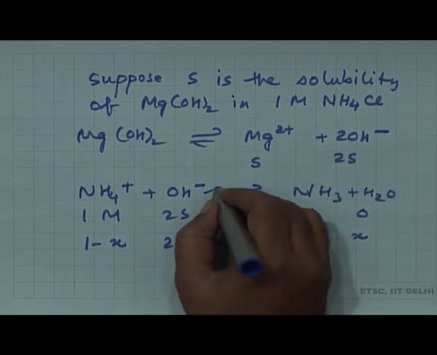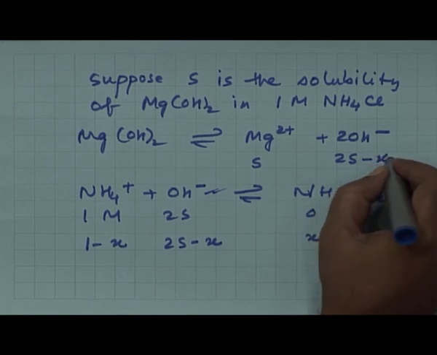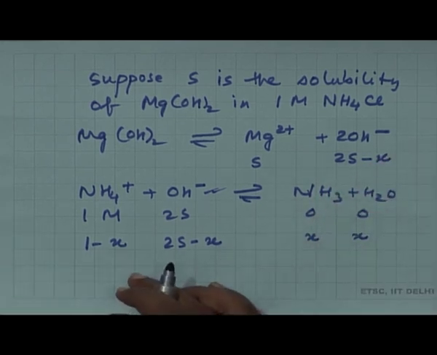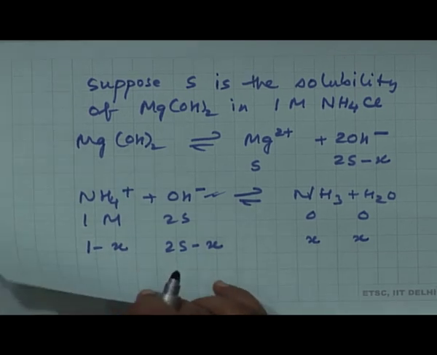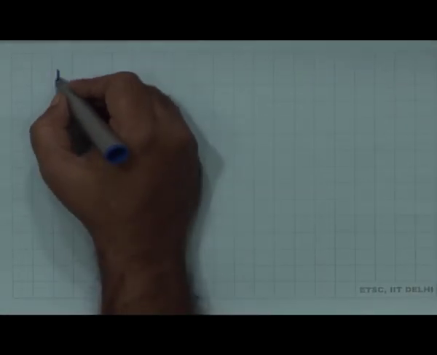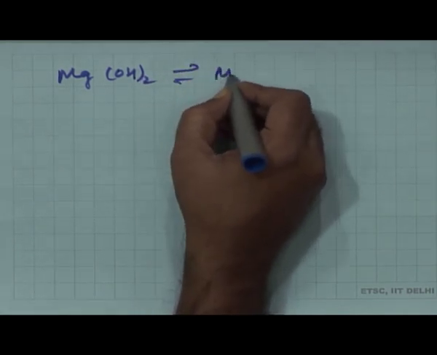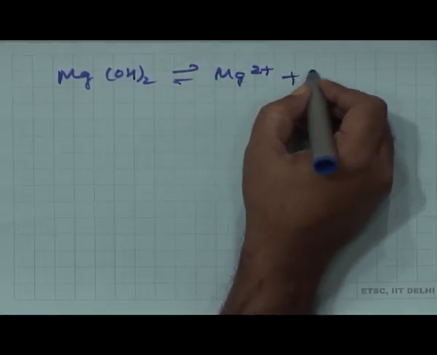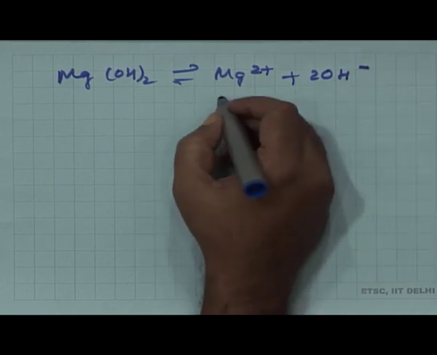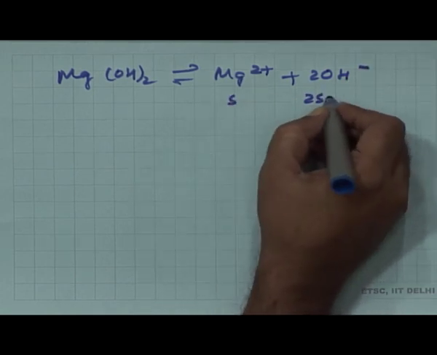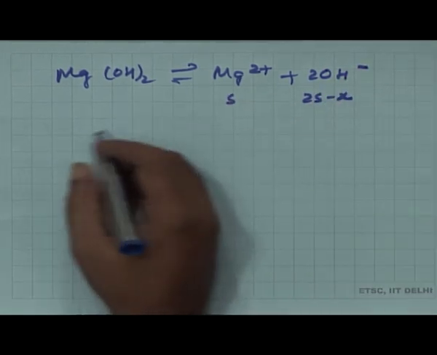Since both are OH minus ion, you will write 2S minus X. So, let us again write both reactions. Mg(OH)2 gives Mg2 plus, S, and 2 OH minus, 2S minus X at equilibrium.